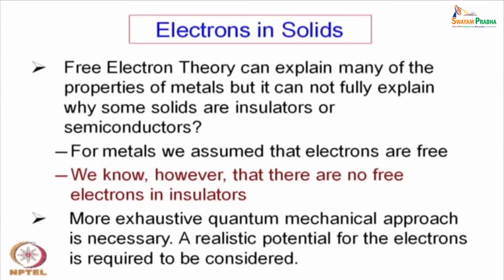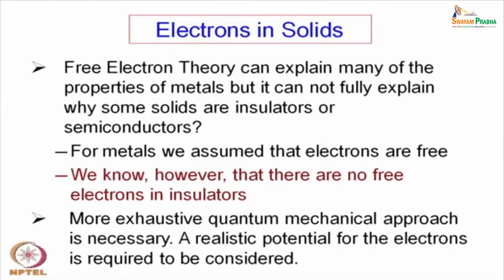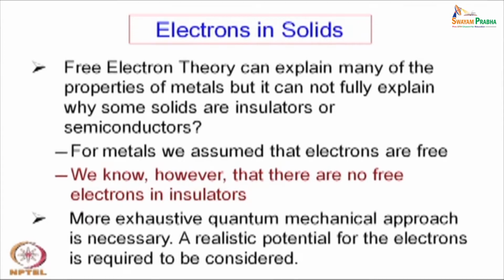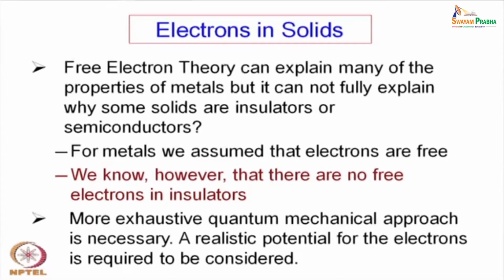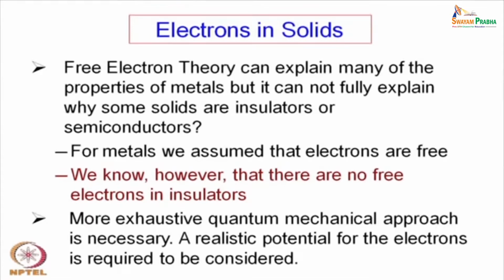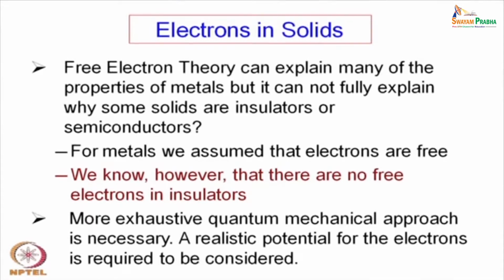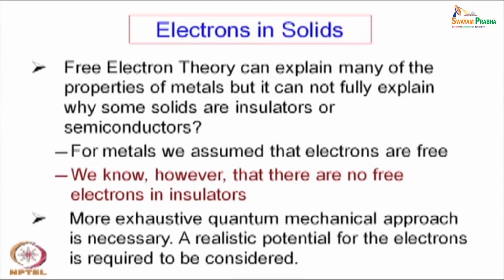In metals certainly they are quite free, but in many other solids possibly they are not that free. There is some kind of localization, some kind of attraction with the ion cores. So, as such the chemical bonding is different in metals, insulators as well as semiconductors.